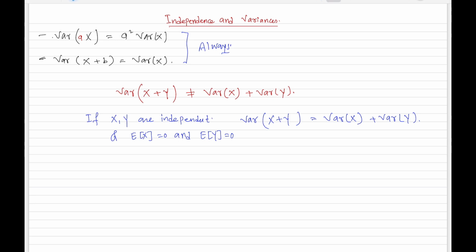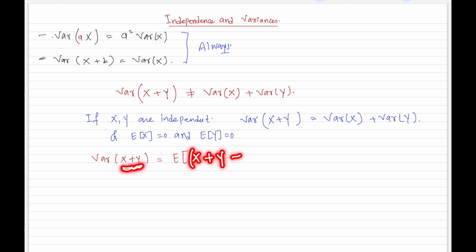Let's do that. We want to find the variance of the random variable x plus y. We know from the definition that the variance of a random variable is nothing but the squared distance from the mean. In this case the random variable is x plus y, and we want to find the difference from its mean.